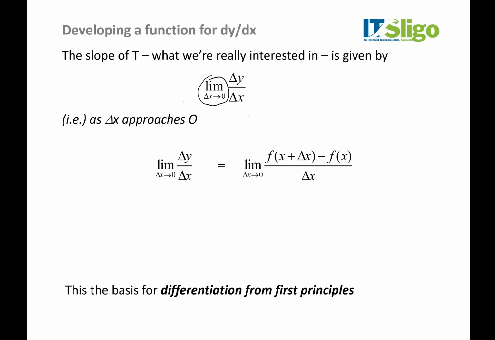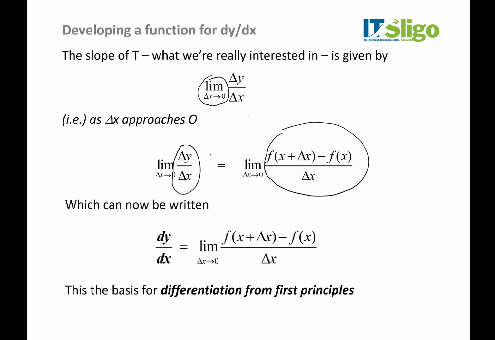So as delta x approaches 0, this function starts to look like, and particularly the delta y over delta x. So remember, this is for slope, and this is just another way of describing the slope, but using the function notation. And that's all written then, dy dx can be described using this function.